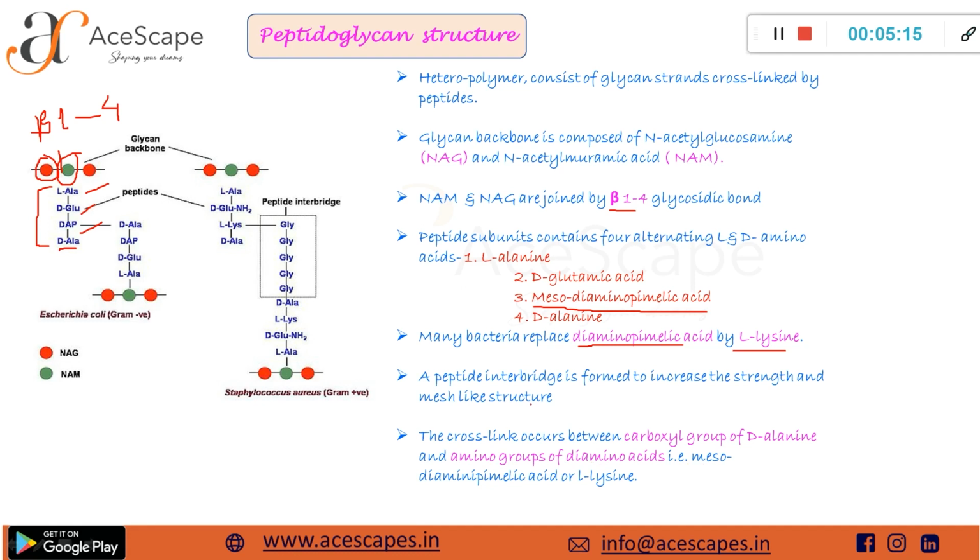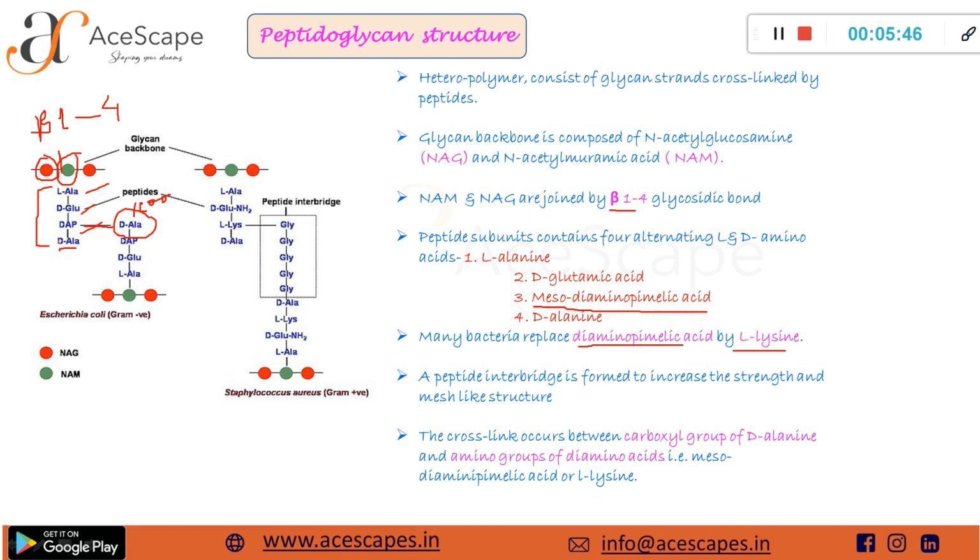From the structure we can see that the carboxyl group of D-alanine will be interbridged with the diamino acids. There are two diamino acids here, meso-diaminopimelic acid and L-lysine.